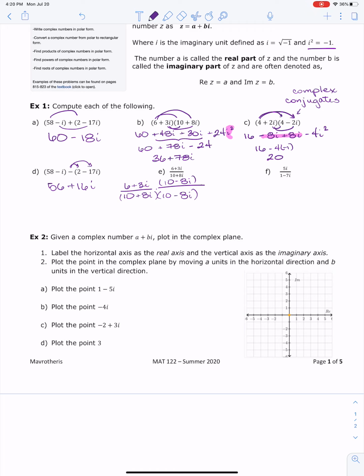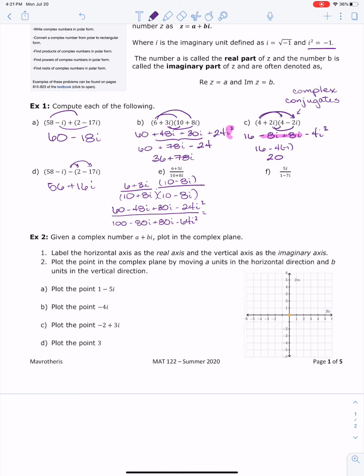I got 6 times 10, 60 minus 48i plus 30i minus 24i squared. This is over our denominator, 100 minus 80i plus 80i minus 64i squared.